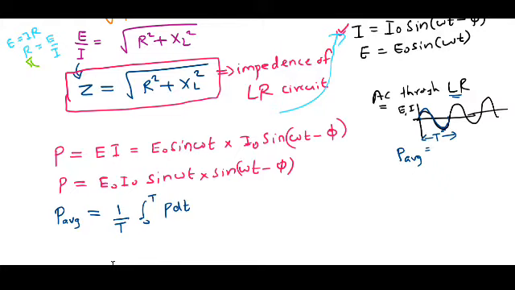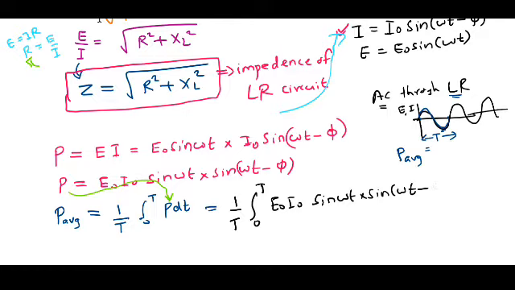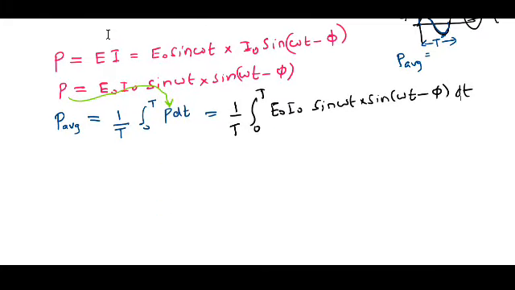Fine. If you substitute this P here, we can write this as 1 by T into the integral from 0 to T of E0 I0 sine omega t into sine(omega t minus phi) dt.